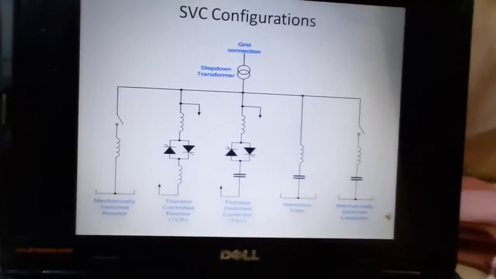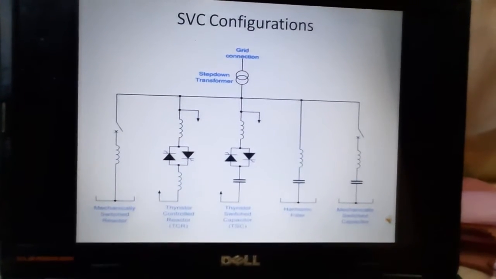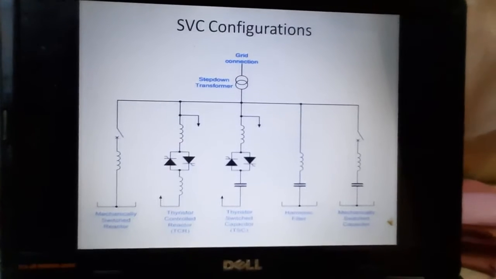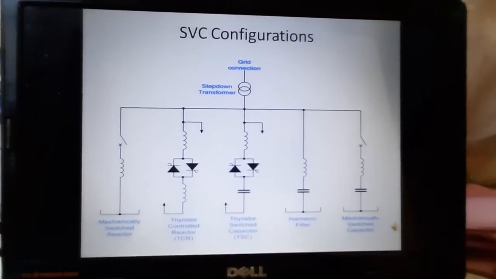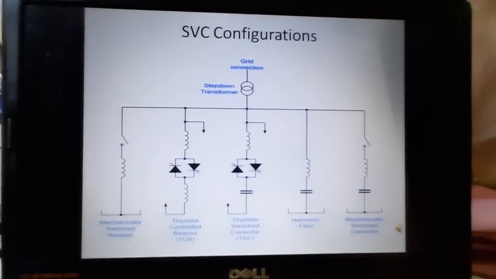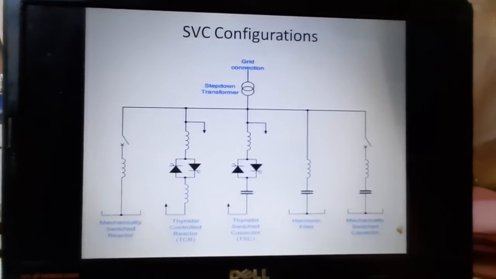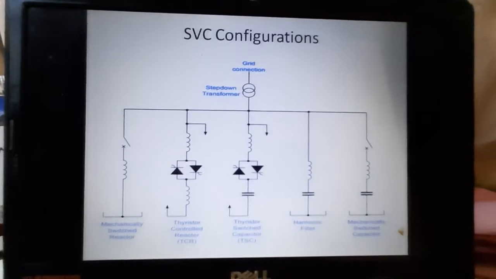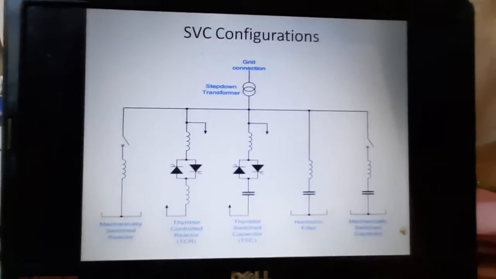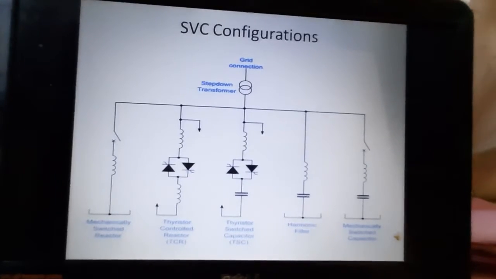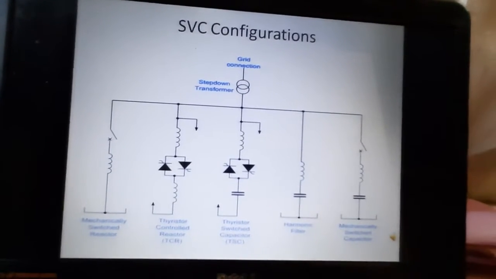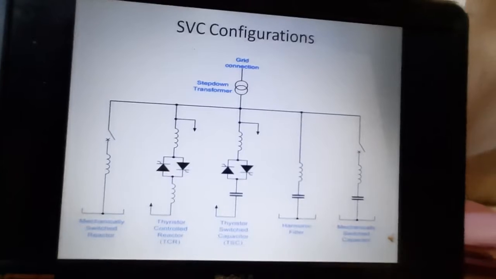Please have a look at the SVC configuration. What are the parts of the system? The SVCs are connected to the grid through a step-down transformer. The conventional static VAR compensators used are mechanically switched reactors or mechanically switched capacitors.